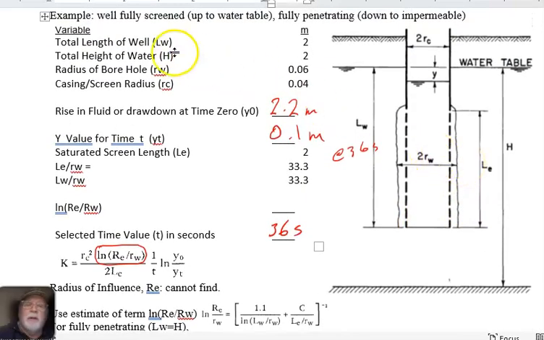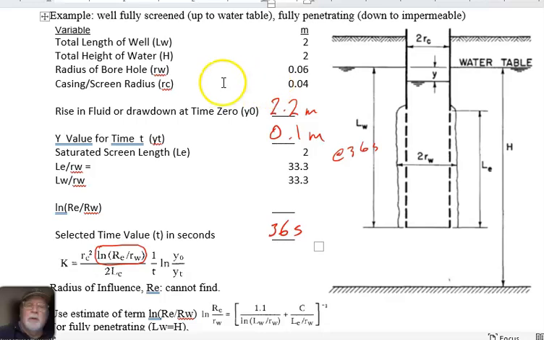values. LW is 2 meters from the water down to the bottom. H is 2 meters. Borehole radius is 0.06 meters. Remember, that's the radius. So a 6-inch hole would have a 3-inch radius.